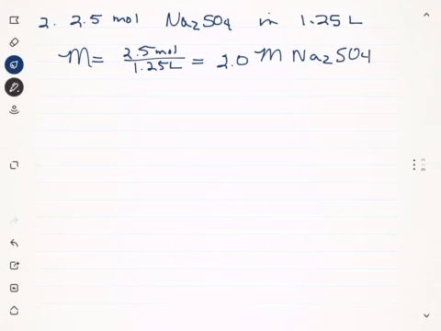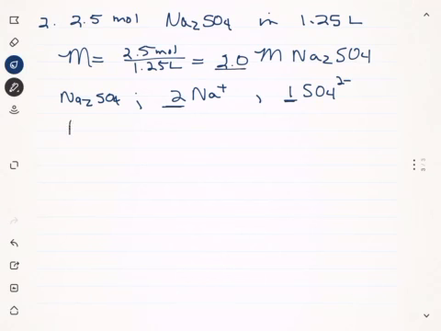Na2SO4. Now in Na2SO4, we can see that we have 2 sodiums and 1 sulfate. So all we have to do, as we did in that last problem, is multiply the number of each ion times our molarity to get the concentration of that ion.